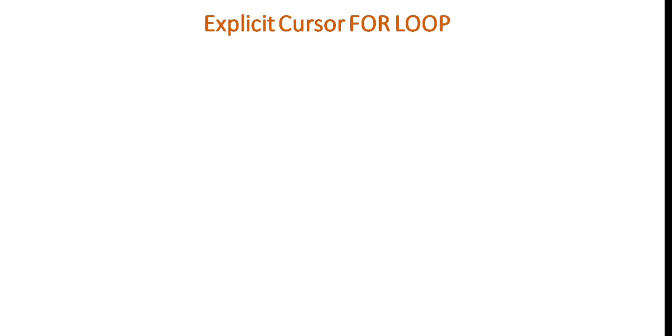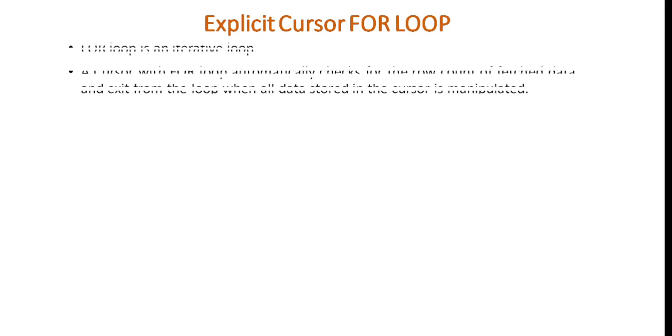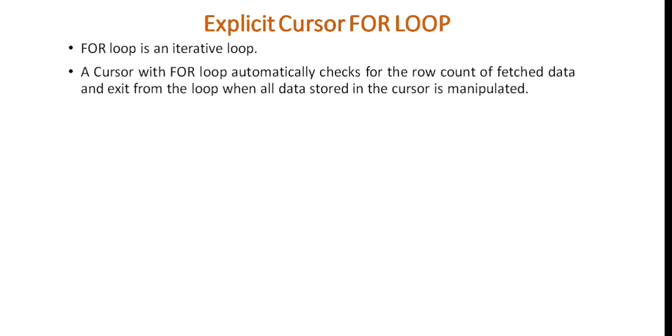Now, what is an explicit cursor FOR loop? A FOR loop, as we know, is an iterative type of loop. A cursor with a FOR loop automatically checks the row count of fetched data and exits from the loop when all data stored in the cursor is manipulated. See, in the previous program we have not used a FOR loop, we have used a simple loop. In a simple loop we need to execute the fetch statement.